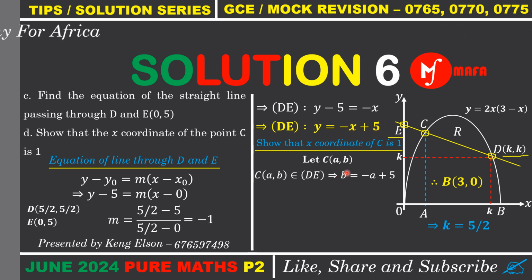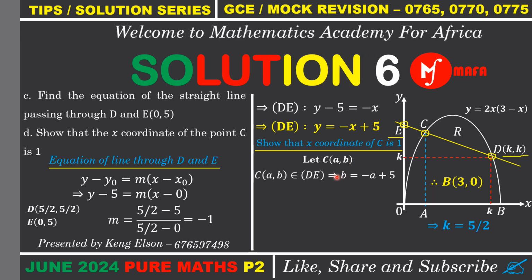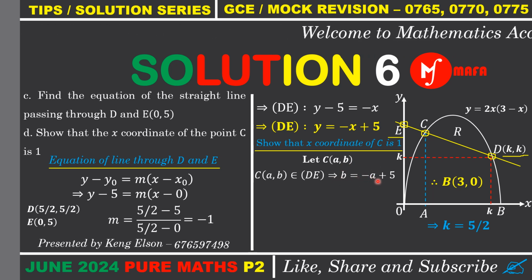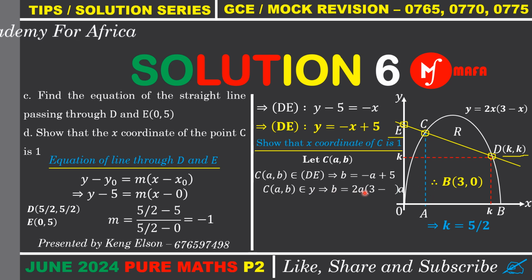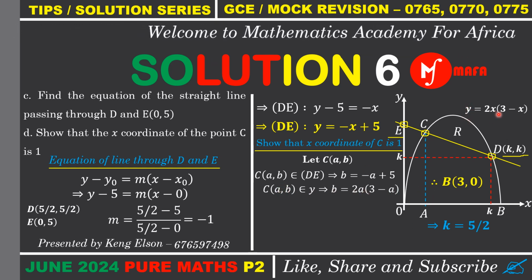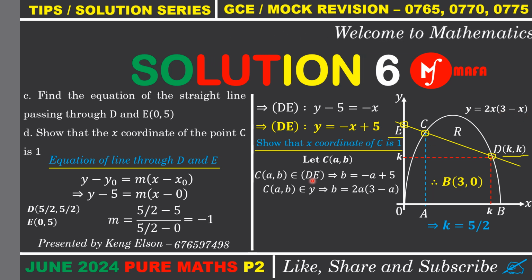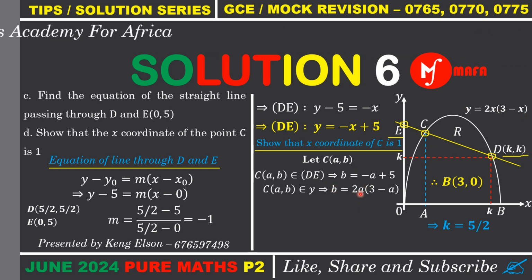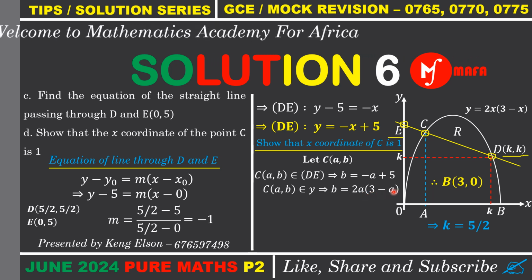That's why you see me writing b is -a plus 5, because b is the y coordinate and a is the x coordinate, and this is the equation of the line. So this is our first equation. Again, this very point C also belongs to my curve y = 2x(3 minus x), which means that the y coordinate, which is b, is equal to 2 times the x coordinate multiplied by 3 minus the x coordinate.